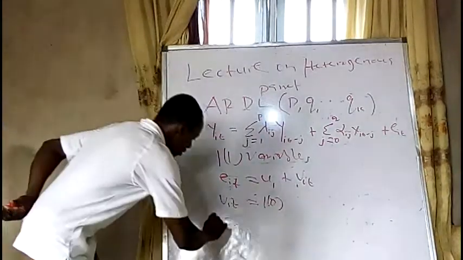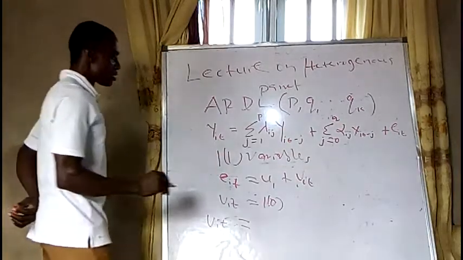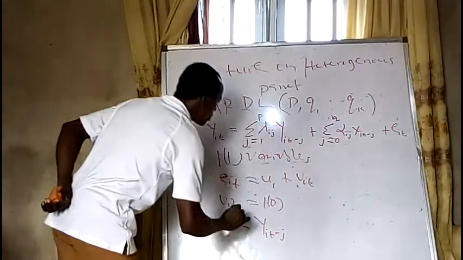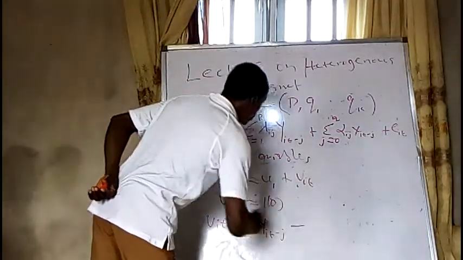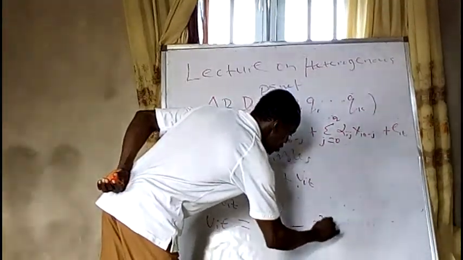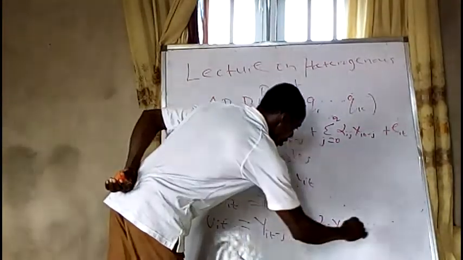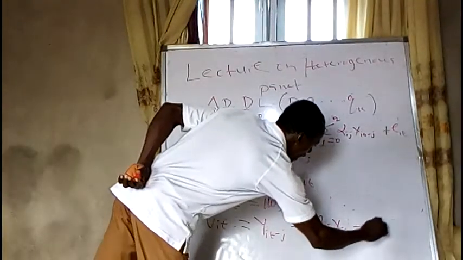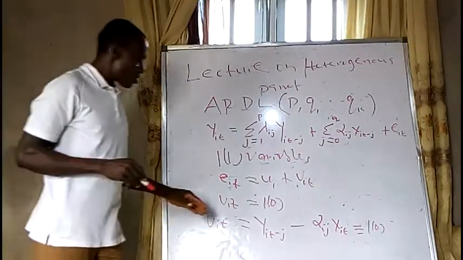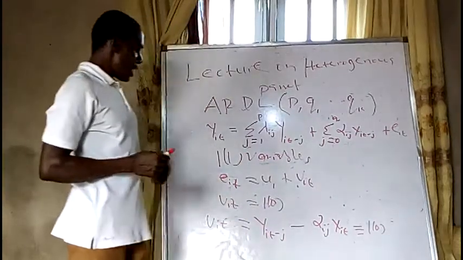That is to say, v_it is equal to y_it minus sum over j of alpha_ij x_it, everything equal to I(0). So the linear combination of these variables will become I(0).